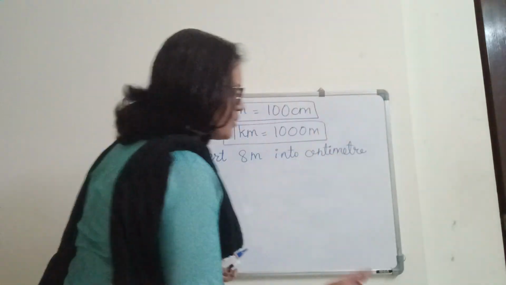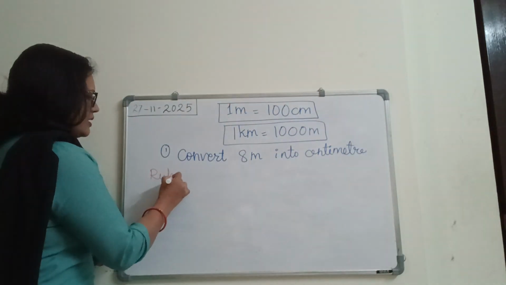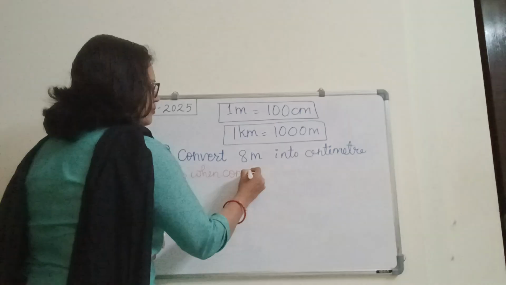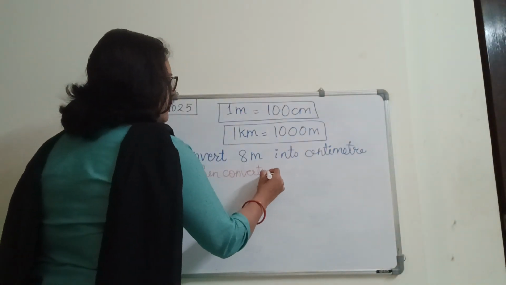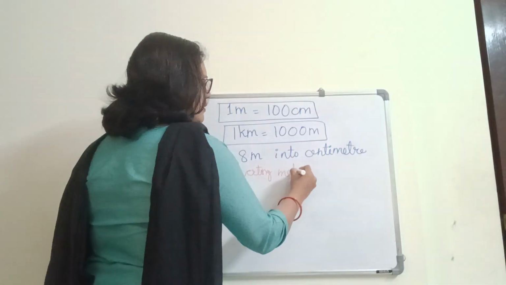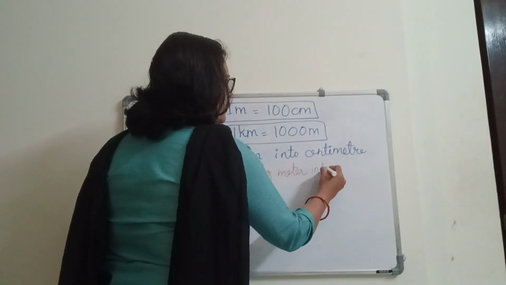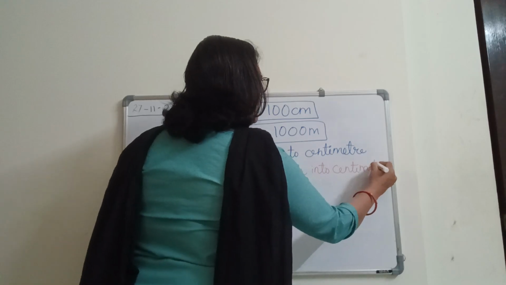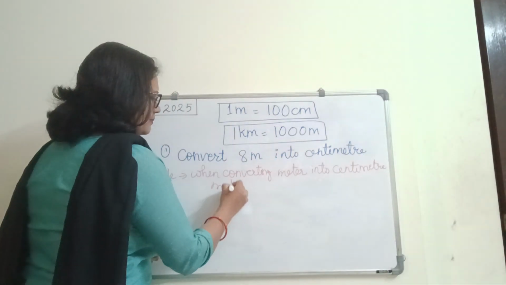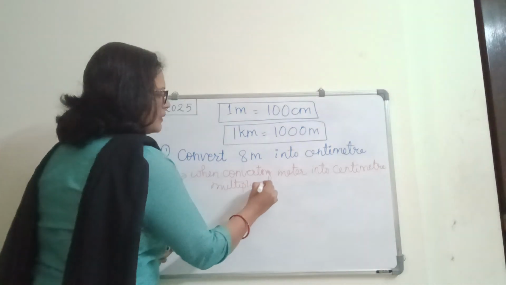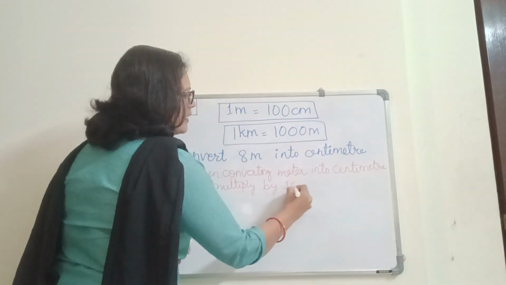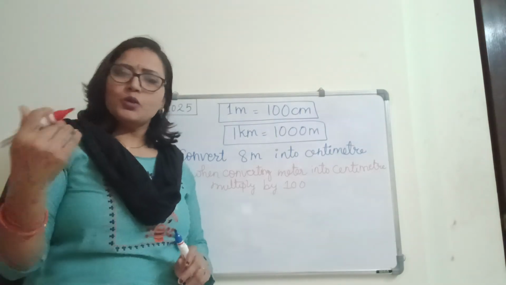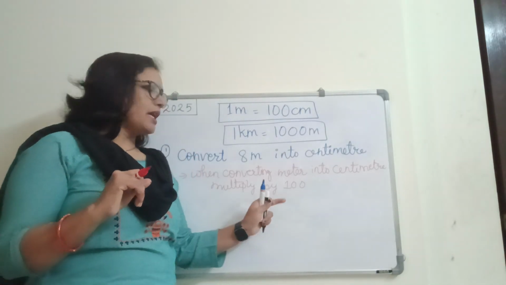This is the first rule: when converting meter into centimeter, multiply by 100.